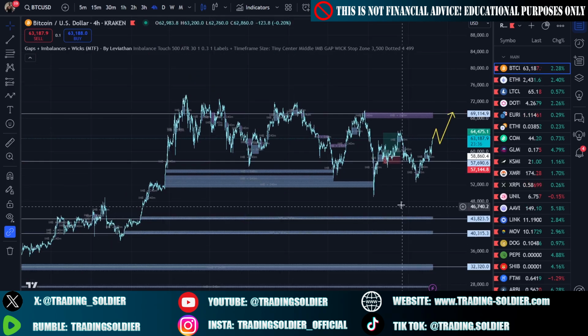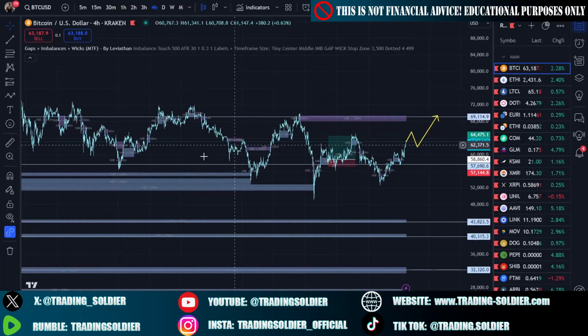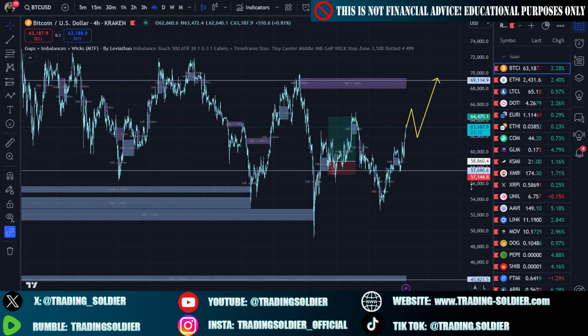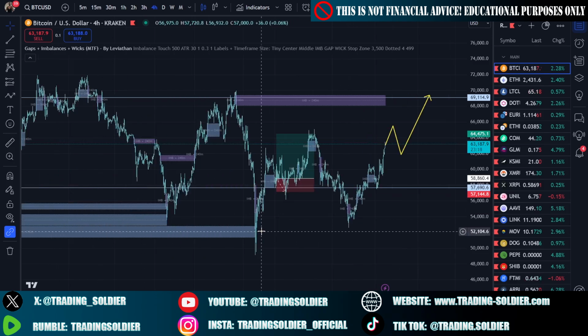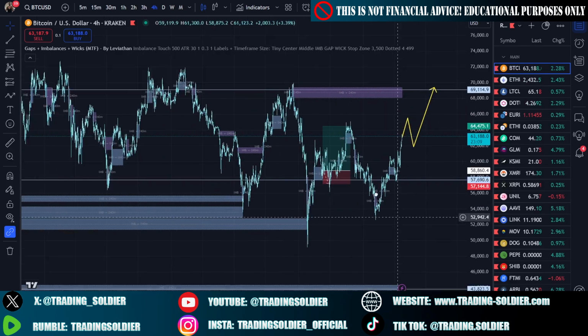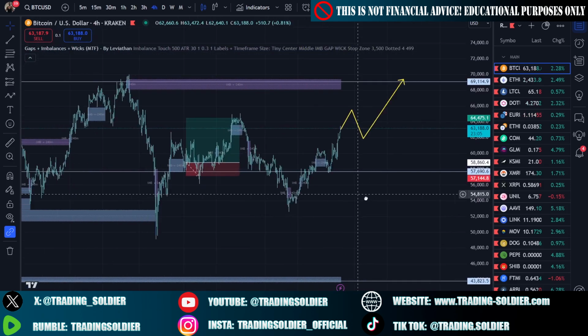I think that with this explanation, the imbalances of this indicator are pretty well covered, so you understand the concept behind this indicator and how you can develop a trading system or a trading strategy based on it, basically using the bullish imbalances as support areas and the bearish imbalances as resistance areas, or SR levels or supply and demand areas, to predict where the price is heading next.